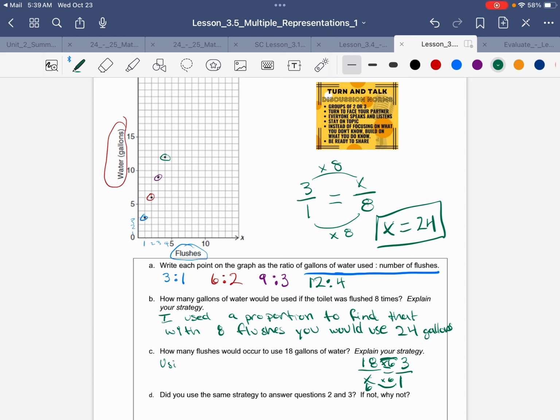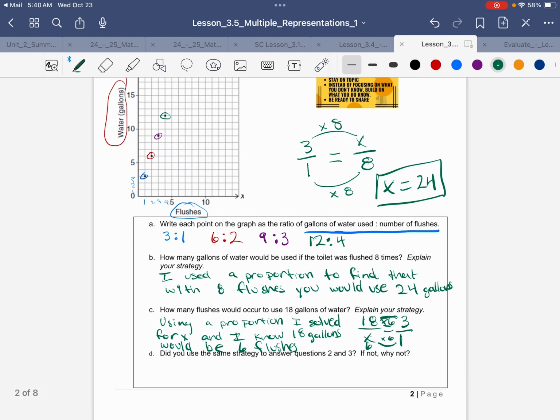So same thing, using a proportion, I solved for x, and 18 gallons would be 6 flushes.